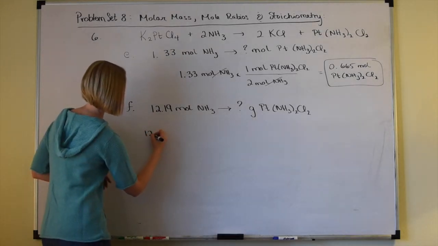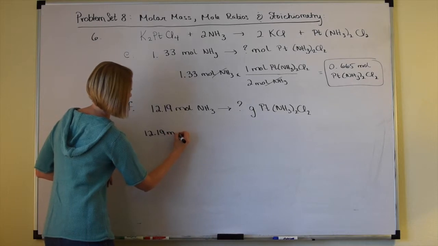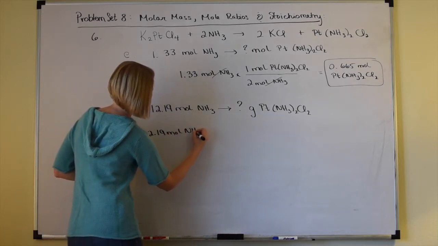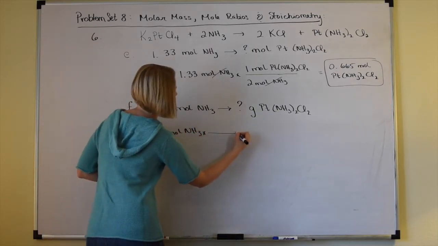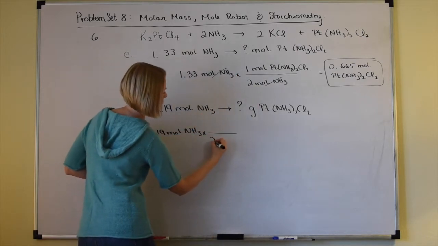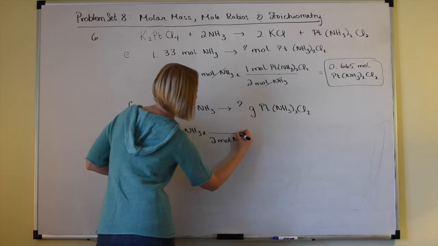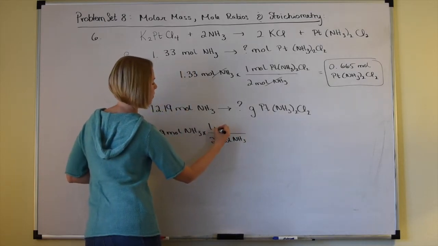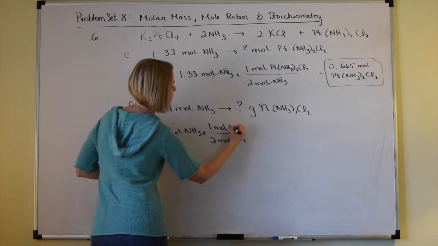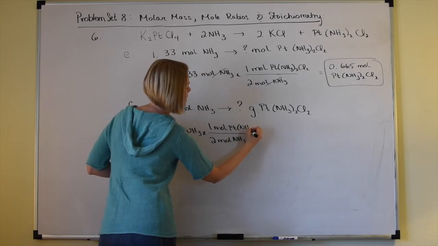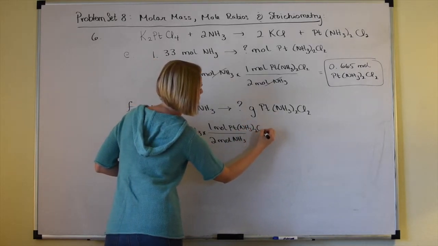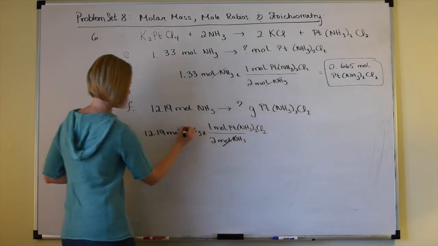So let's take the 12.19 moles of ammonia, and let's use our mole ratio, just like we did up here, to figure out how many moles of cisplatin are going to form. Okay, and that doesn't finish it off.